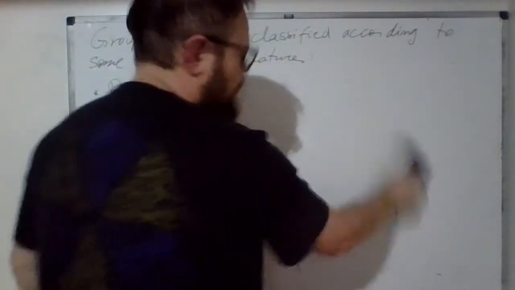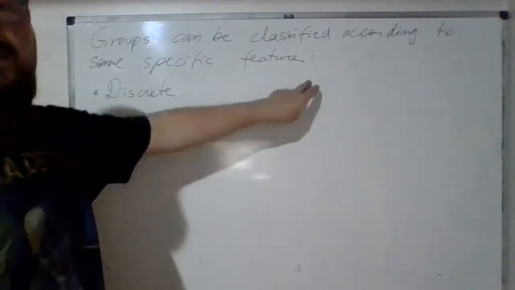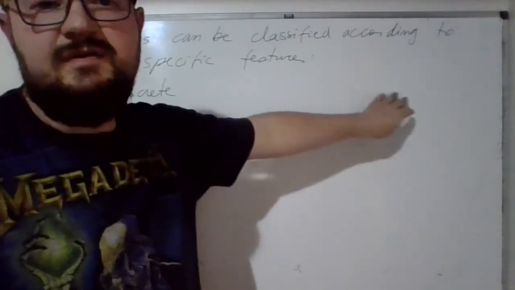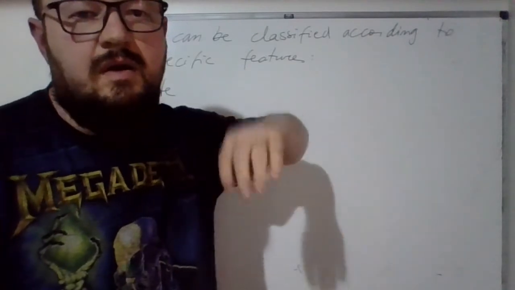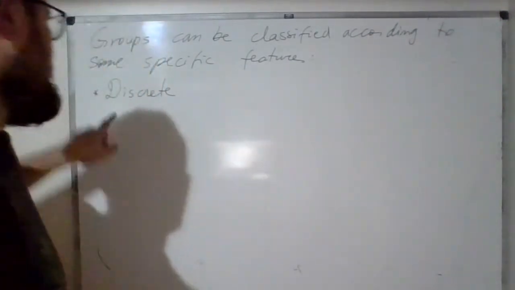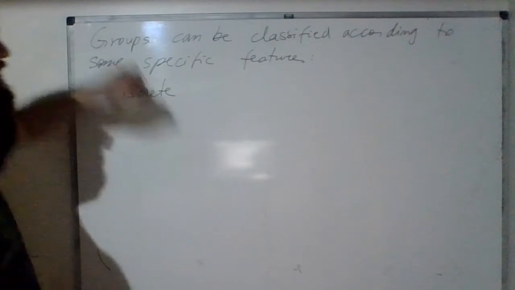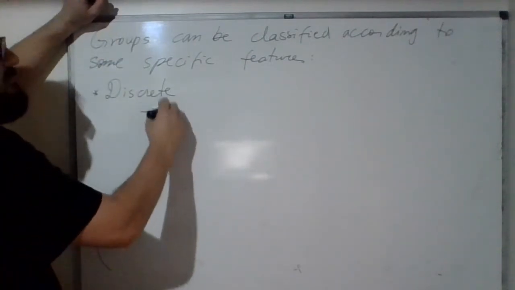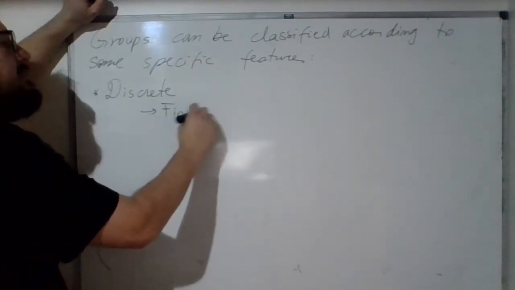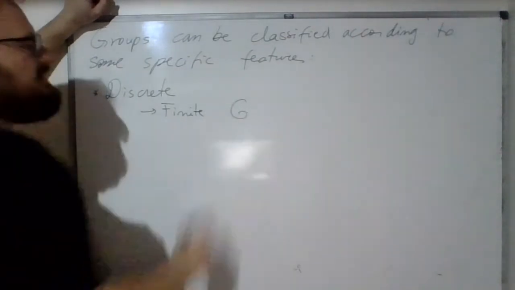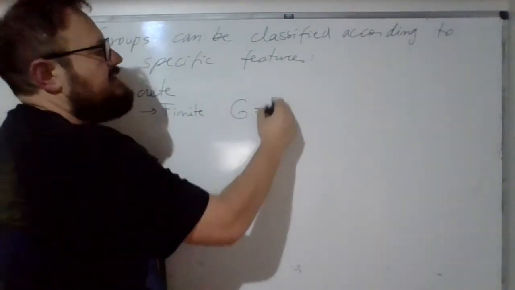So they are continuous, and of course the dimensionality of the continuous groups is always infinite. And discrete groups can be finite, or a set of a finite number of elements.